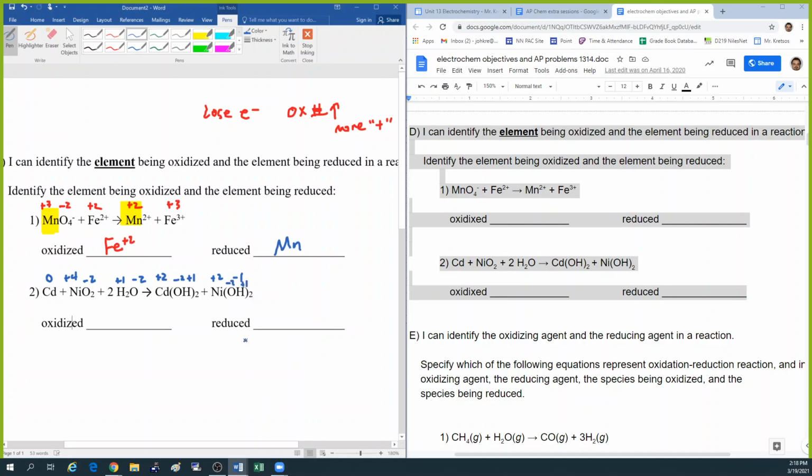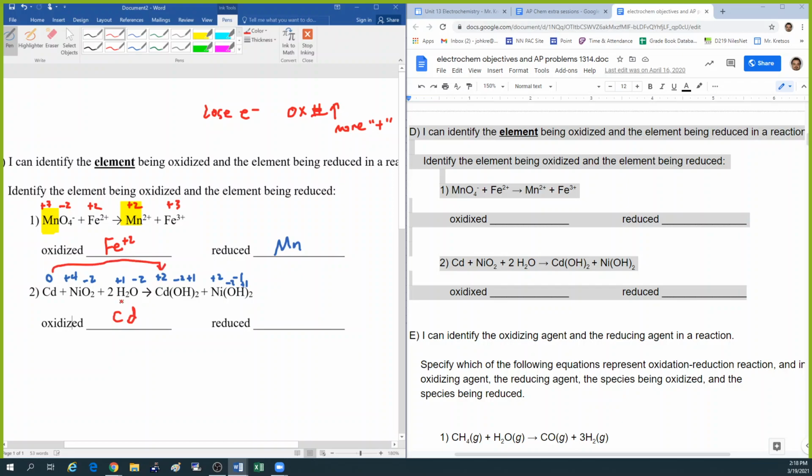So can you tell if anything changed, and if so, what? Like who's oxidized and who's reduced? Which one went up in oxidation number from before to after? Which one went up? Cd. Yes, the cadmium went from 0 to positive.